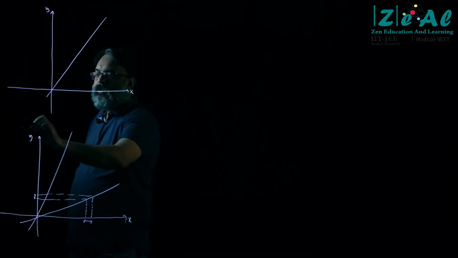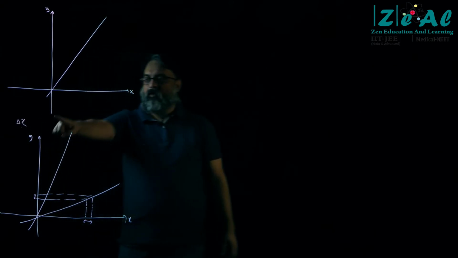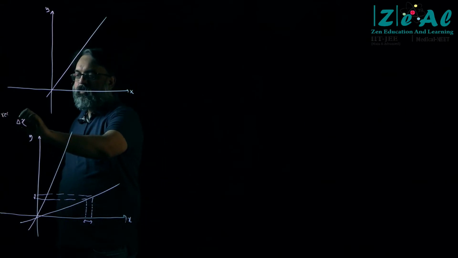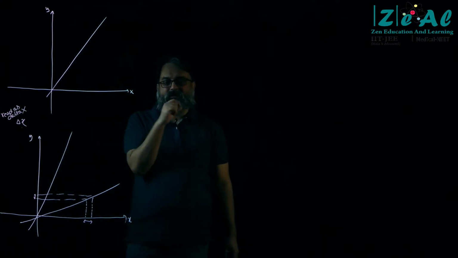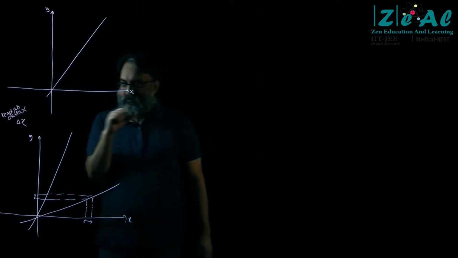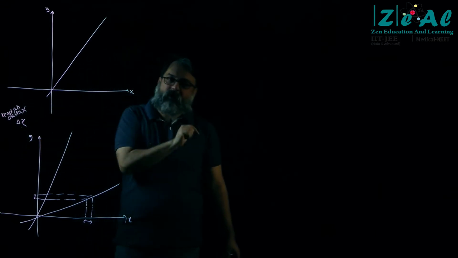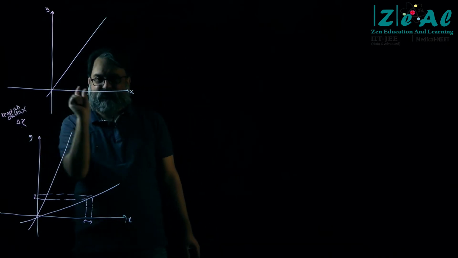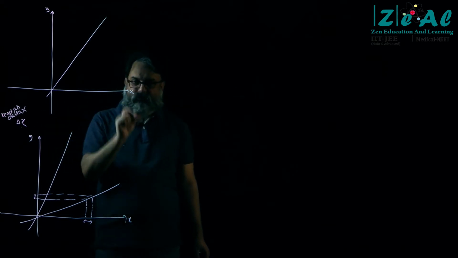So like I said, I will introduce this symbol which will be read as delta x. Okay, this will be read as delta x. It is not the symbol delta multiplied by the variable x, no. It is a single object, a single entity, delta x.